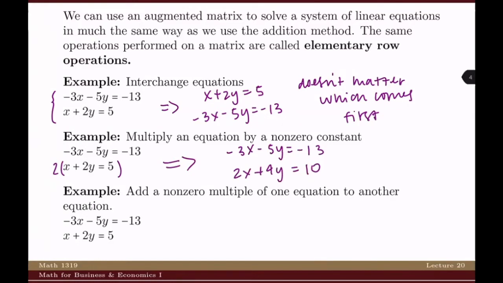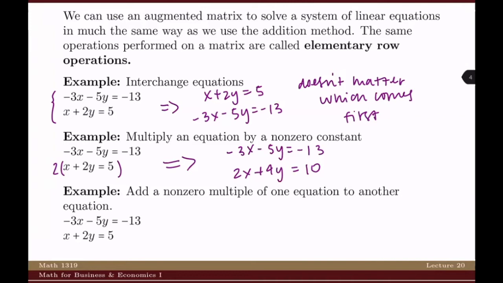We know that we are able to do this because we do this when we do the addition method, right? We'll multiply one equation by a constant in order to be able to add or subtract the equations to cancel a variable. So I can always multiply any equation by a non-zero number and it's okay.